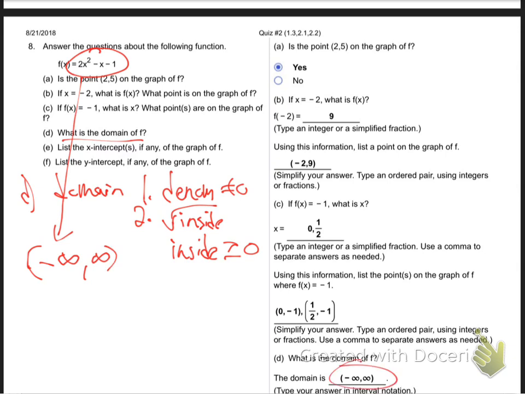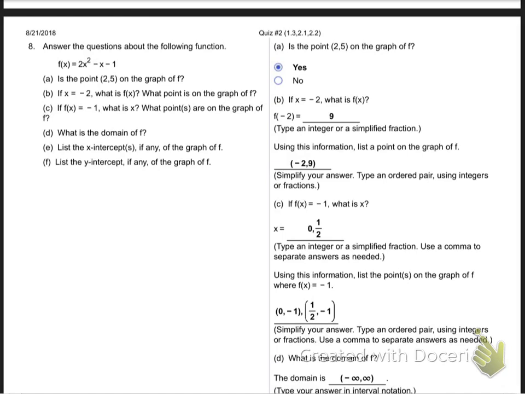Let's go to part E, list the x-intercepts. How do you find x-intercepts? To find x-intercepts, you've got to set y equal to 0. You always set the opposite letter equal to 0, because that's what it means to be an x-intercept.